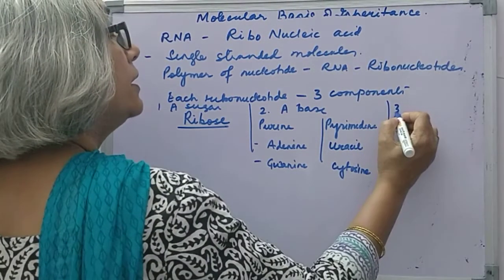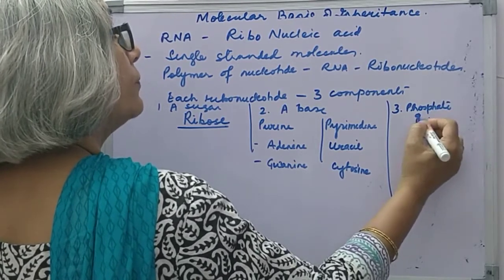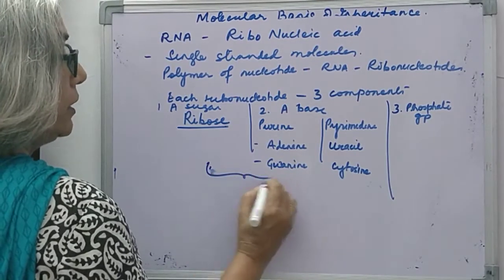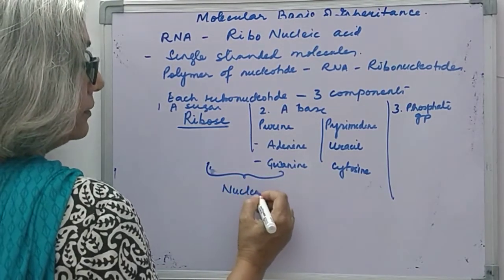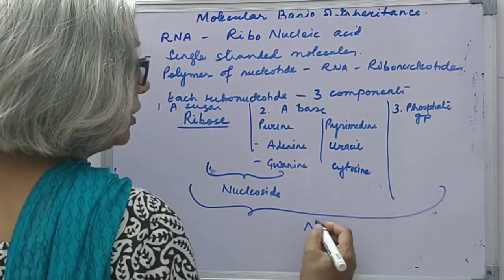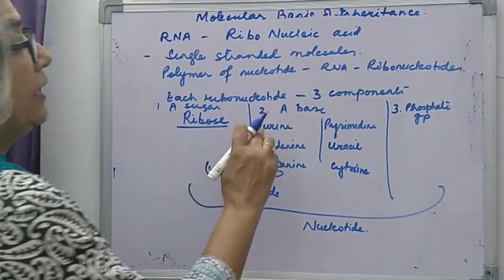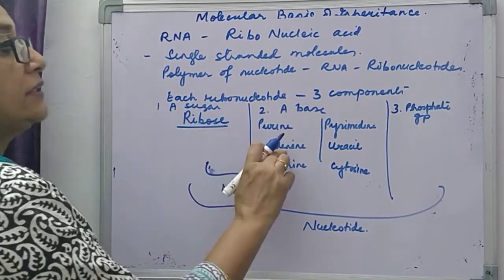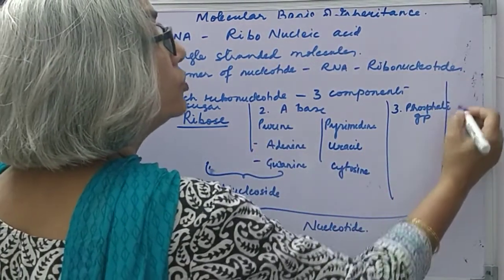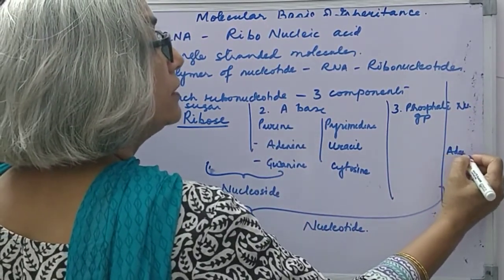And the third is a phosphate group, or phosphoric acid. A sugar and a base form a nucleoside, and when a phosphate attaches to it, it is called a nucleotide. So sugar plus adenine base forms adenosine. The nucleoside formed with adenine will be adenosine.